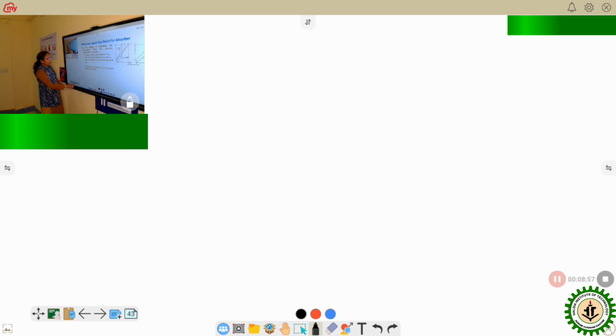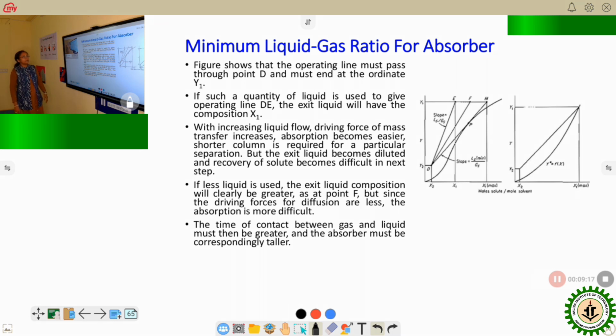So now, how can we find out the minimum liquid flow rate? If we follow the operating line, it will be clear that it must pass through point D, and it also passes through the point at ordinate y1. So these are fixed points.